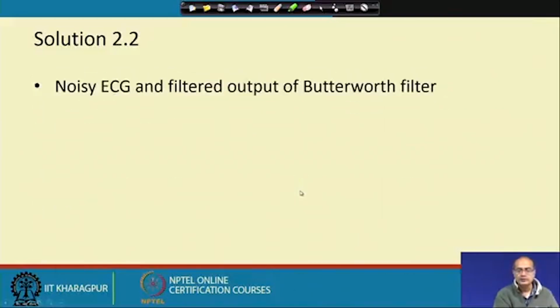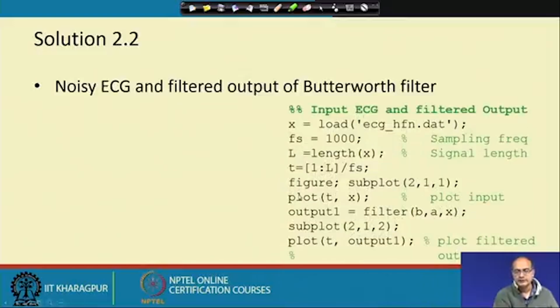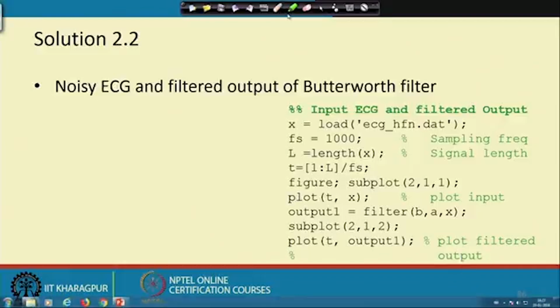So, now let us look at how the noisy ECG and the filtered output look like. To do that, we need to make the plot, and here first we again show how to load the signal. This we have already done; we know that we can do it using the load command. Again, just to remember, Fs is the sampling frequency, L is the length of the signal vector x or the number of samples there, and we create the time axis t.